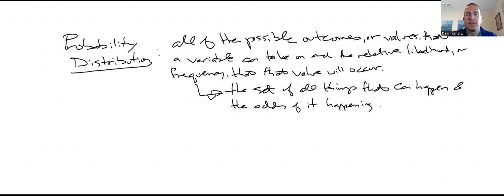So let's think about this fairly simply, right? I'm going to stop sharing for a second. Let's take probably the most well-known probability distribution there is, a coin flip, right? So when it comes to flipping a quarter, it could land heads or it could land tails. I suppose theoretically it could land on its side, but it still hasn't happened to me yet, right? So what's the odds of it landing on heads? 0.5.